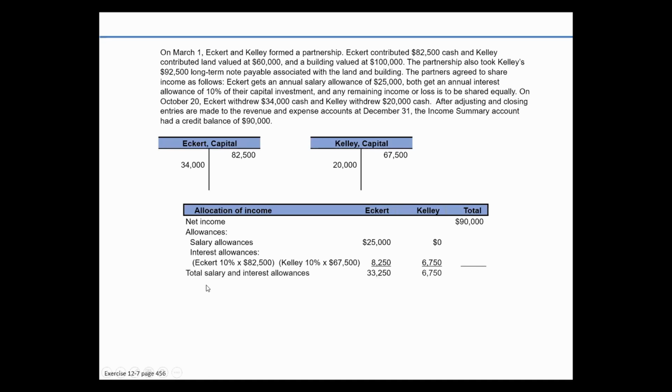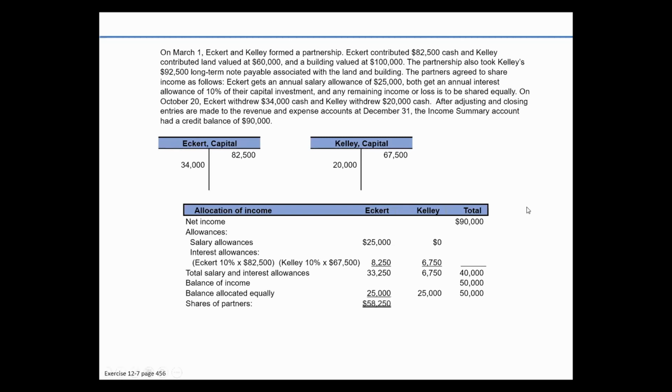And then the total salary and interest allowance for Eckerd is $33,250. Total for Kelly is $6,750. That brings us to $40,000. So then we have $50,000 that we can divide equally amongst the partners. So they each get $25,000.